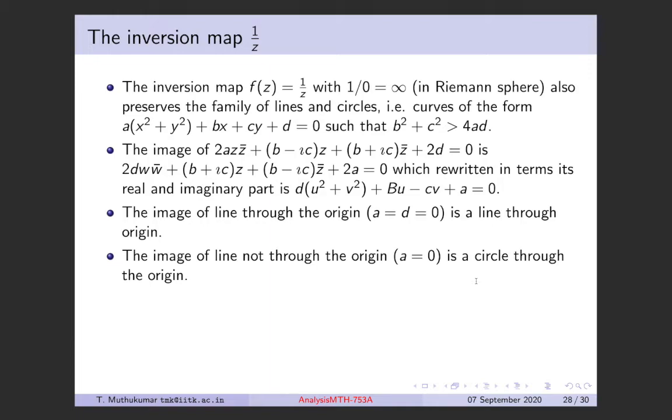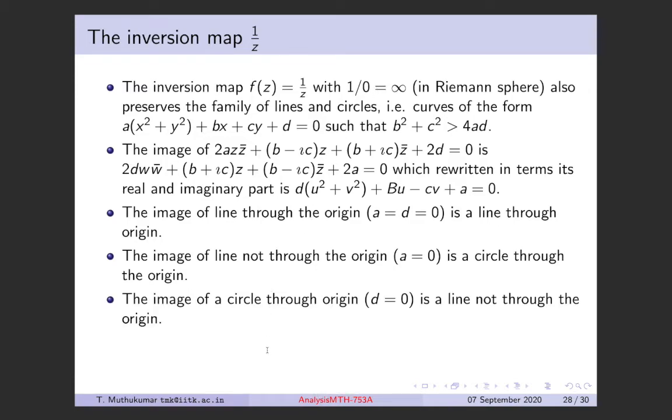If you relate this to the notion that I told you about, thinking of a line as a circle of infinite radius or a circle passing through infinity, this is what it's saying: a circle passing through infinity gets mapped to a circle passing through the origin, right? Because origin and infinity are mapped to each other by this map.